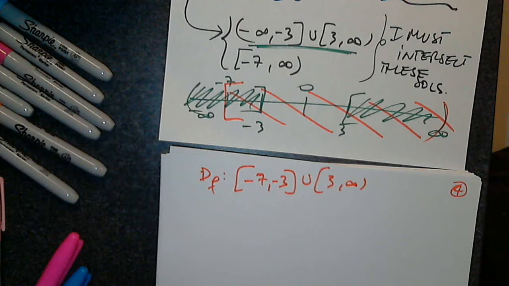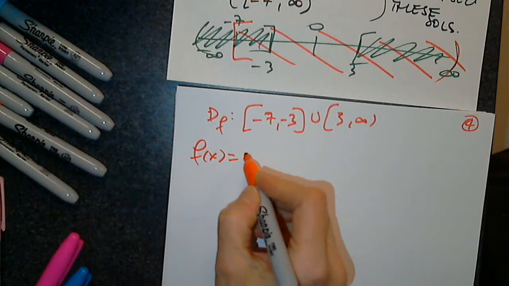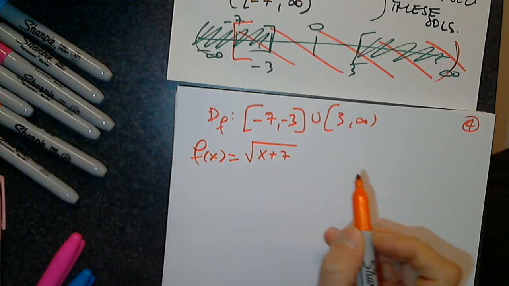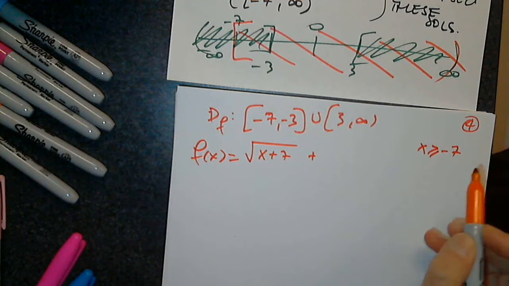Yep. If a function is defined here and one here, you cannot add them because they don't exist for the same x value at the same time. You're not going to be able to plug in anything. So here's an example. So f of x is the square root of x plus 7, and then plus, so this has x greater than or equal to -7.